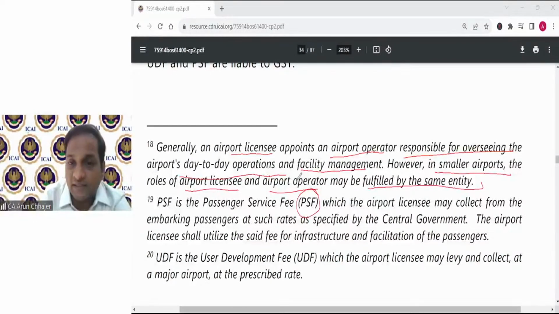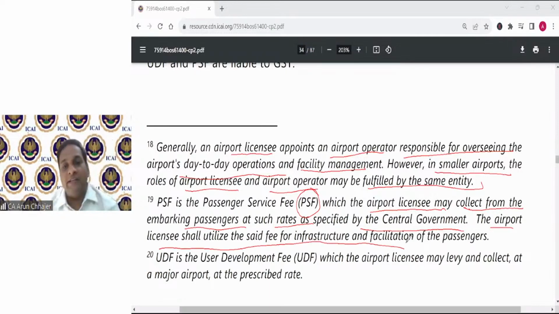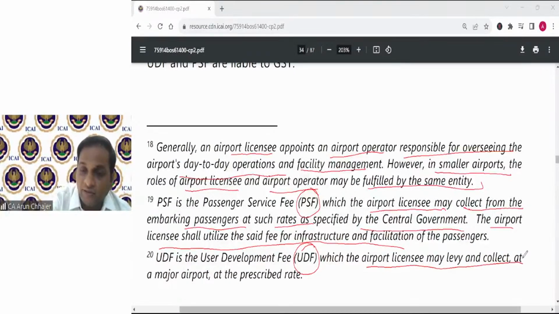PSF means passenger service fees, which the airport licensee may collect from the embarking passenger at such rate as may be specified by the central government. Airport licensee shall utilize this amount for infra and facilitation of the passenger. UDF is the user development fees which the airport licensee may levy and collect at a major airport at the prescribed rate. Okay.